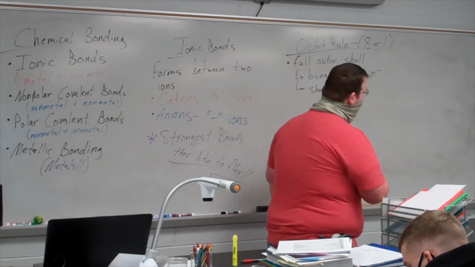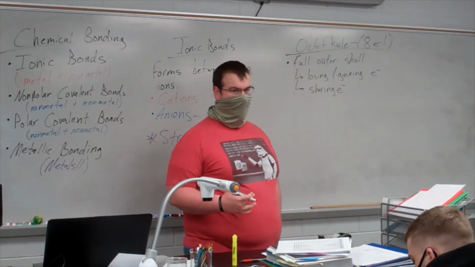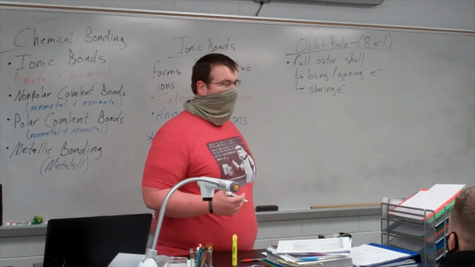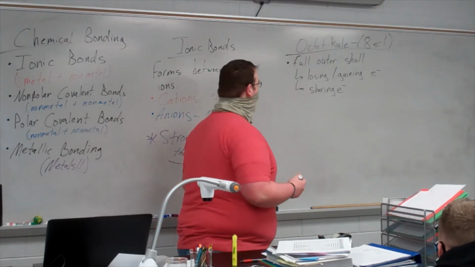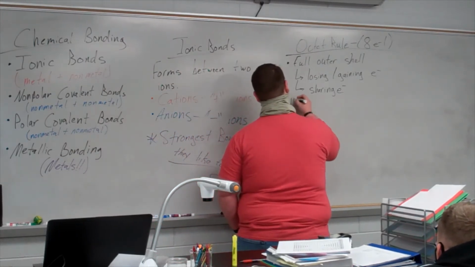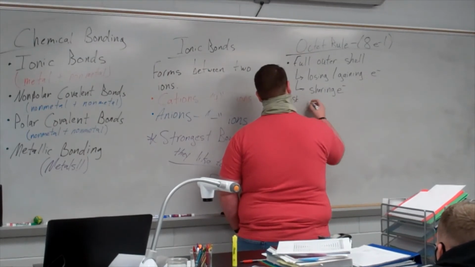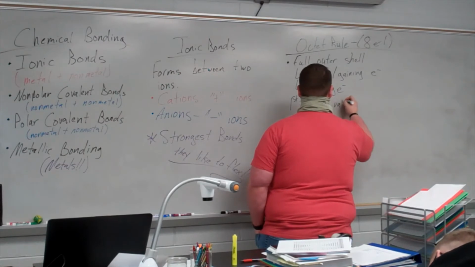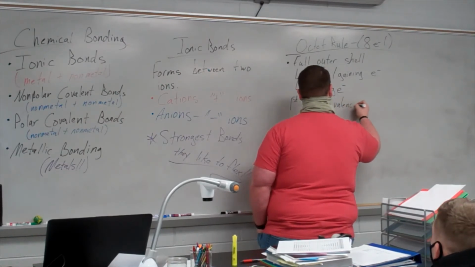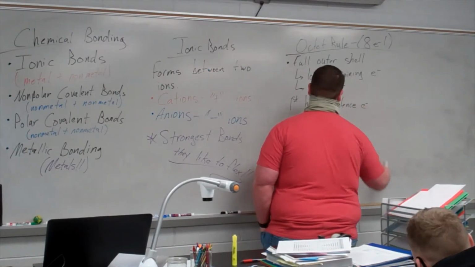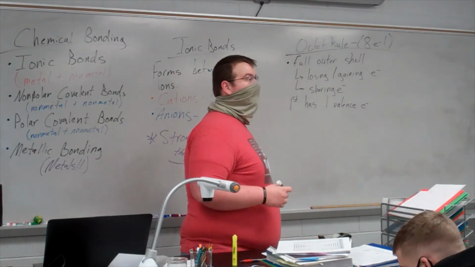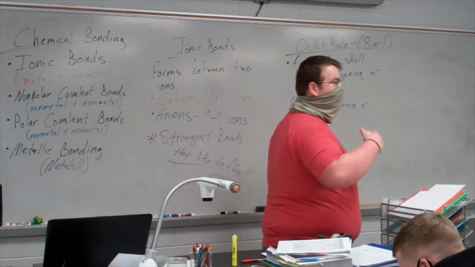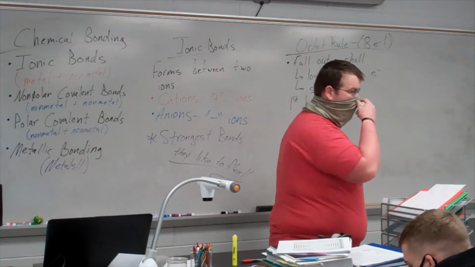Now, the periodic table was broken down perfectly for you on this. Your first column has 1 valence electron. What's that mean? Valence electrons are the outer shell electrons.